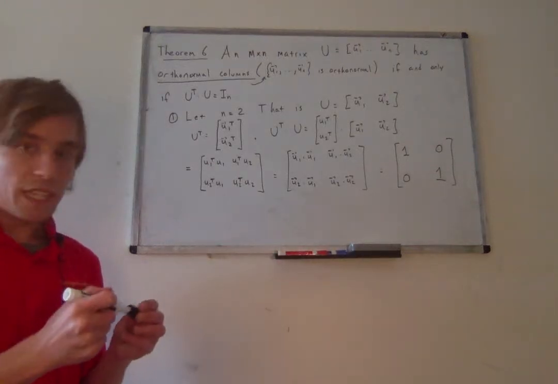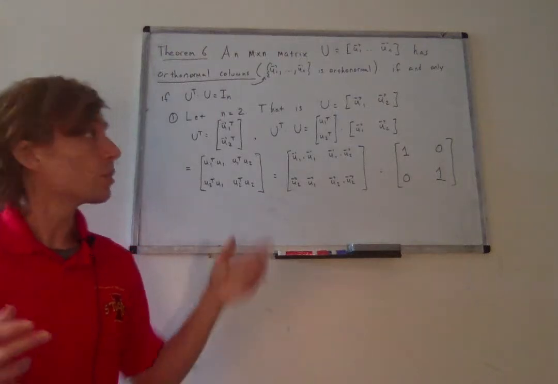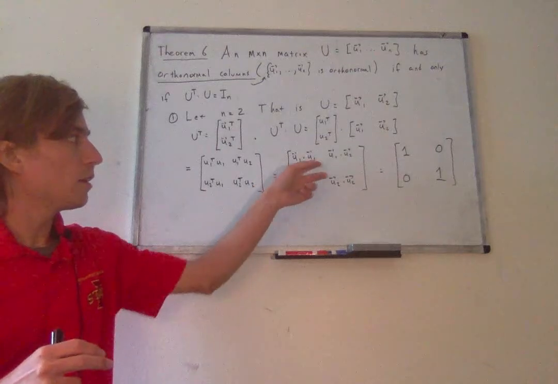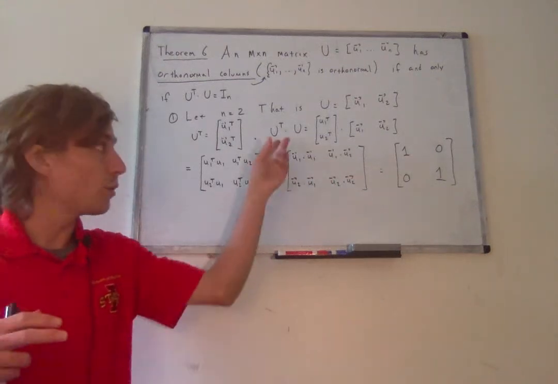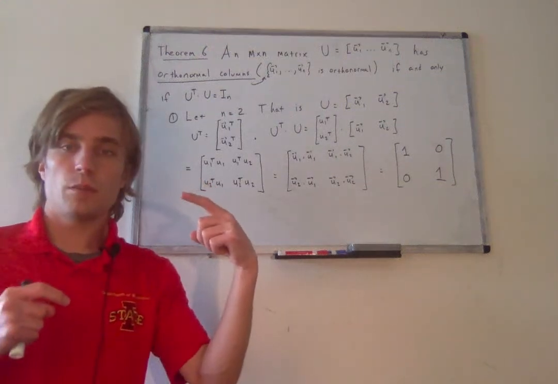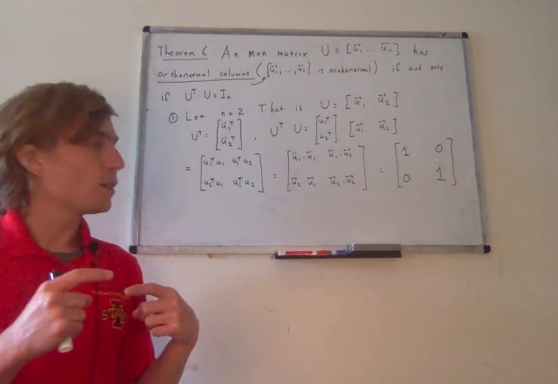And so basically you get the same idea in any dimension. And you could show this, if you had any number of columns, where basically when you multiply out U transpose and U in this way, every time 2 non-same indexed columns and rows match up, you get a 0.